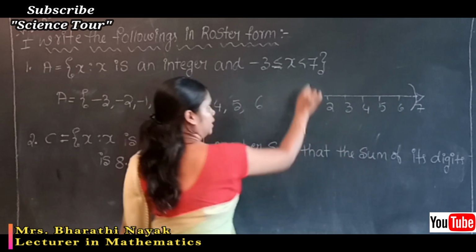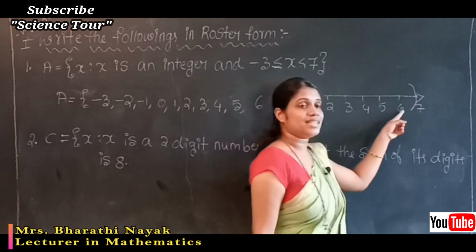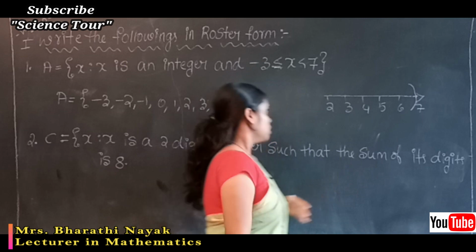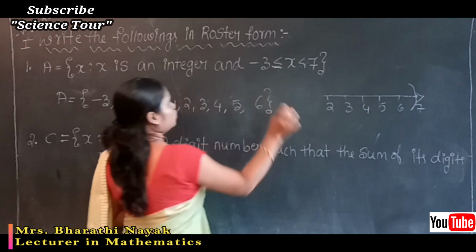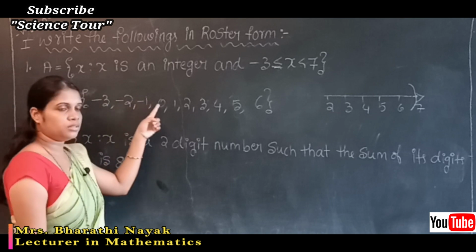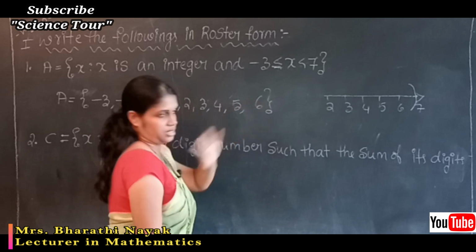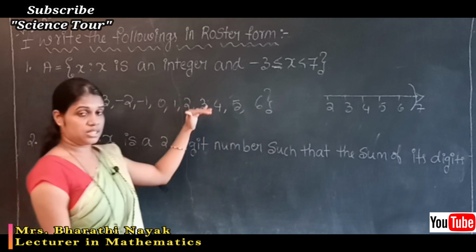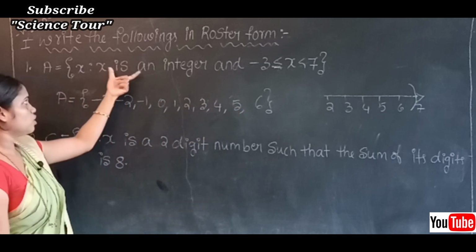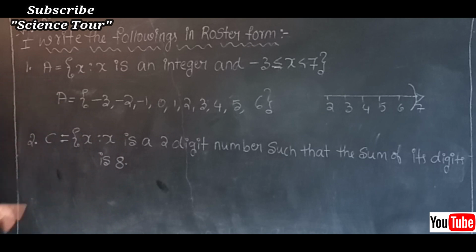No, because it must be strictly less than 7. So till 6 I have to consider. So our numbers here are -3, -2, -1, 0, 1, 2, 3, 4, 5, 6. So this is the roster form of the first one. Understood now? So next I'll take the second problem.